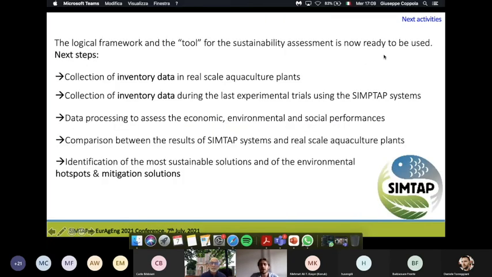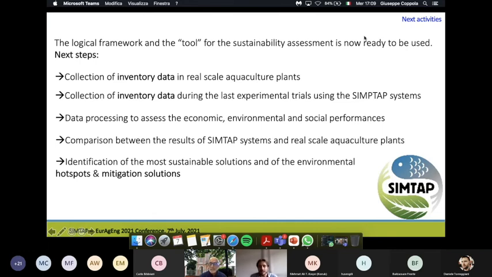Some words on the next activities that we will carry out in the future. Through the utilization of the template we have developed, we will begin the collection of inventory data of both real-scale aquaculture plants and experimental trials that use the SIMTAP systems. We will evaluate their sustainability with the methodology I've just described.